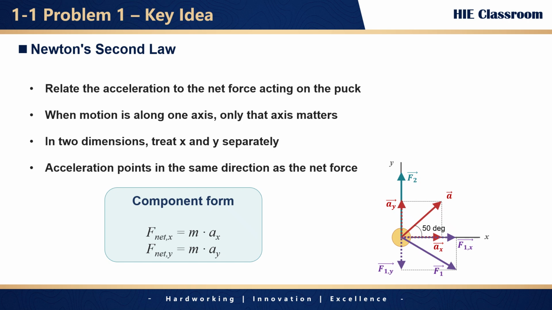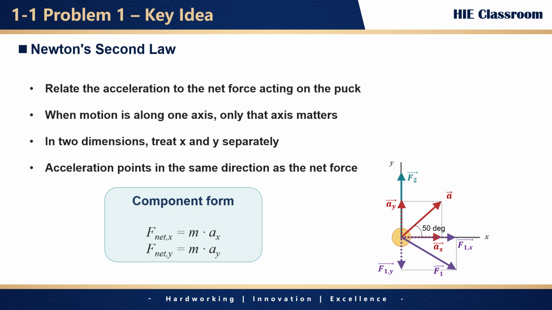To solve this problem, there are a few key ideas to keep in mind. First, we relate the acceleration of the puck to the net force using Newton's second law, F equals ma. Since the motion is only along the x-axis, we can simply write the equations in terms of components: F net x equals max and F net y equals may.